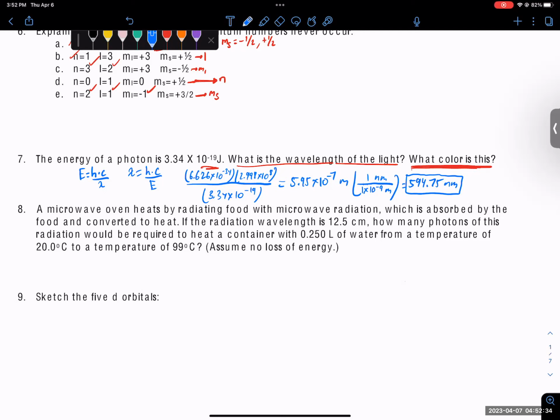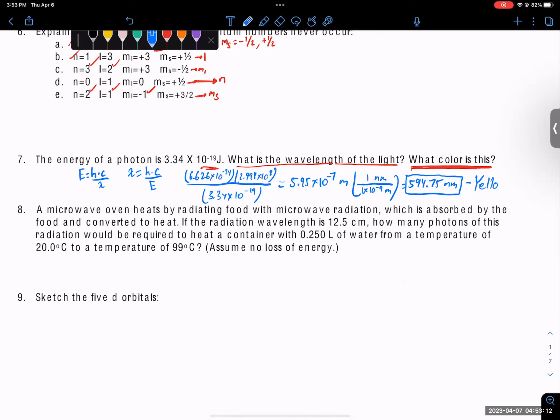What do you think, Chris? I thought it was around the blue range, like green to blue. Google tells me it is light orange to yellow, because yellow's from 565 to 590.